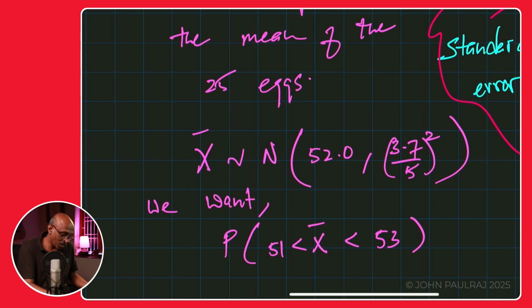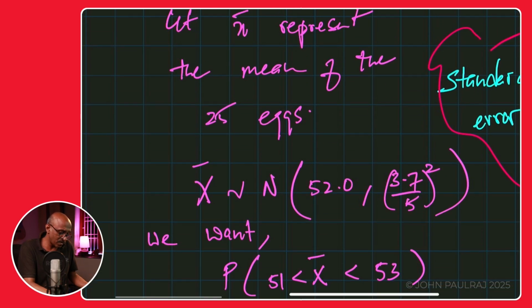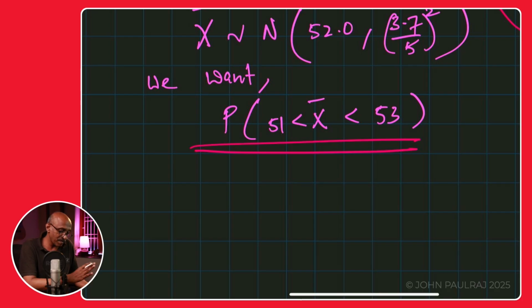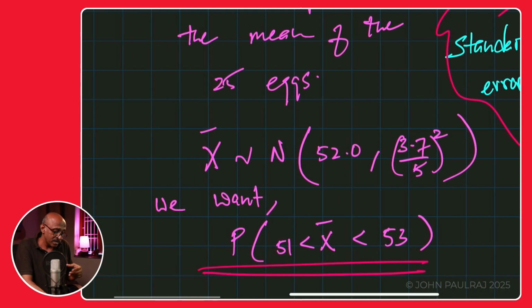The means, okay, and we want to study when is the mean weight going to lie between 1 gram of the population mean. So when is the probability of X bar going to be between 51 and 53? Hope that is okay. That is why I wrote it down. And the reason we are not using the standard deviation is because that would apply only if you're looking at individual X. This is the mean of a sample of 25.